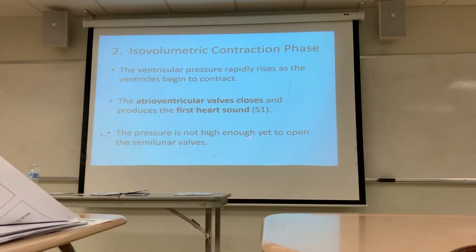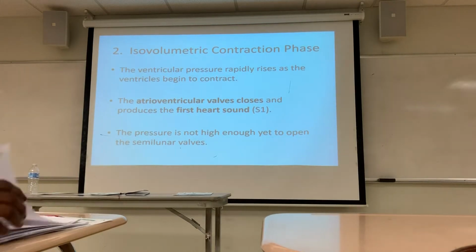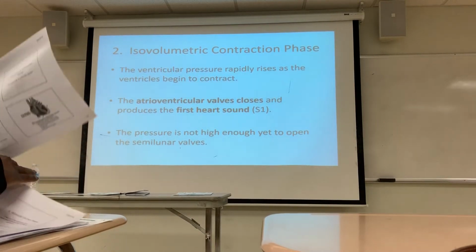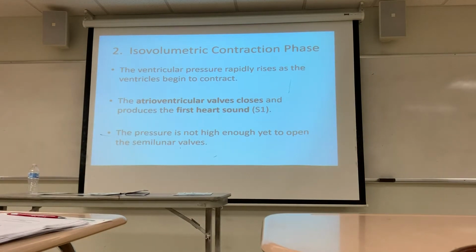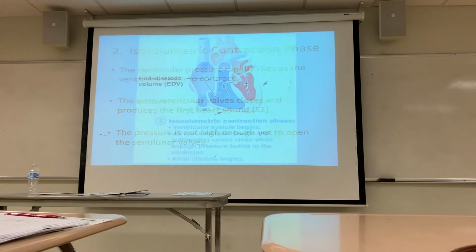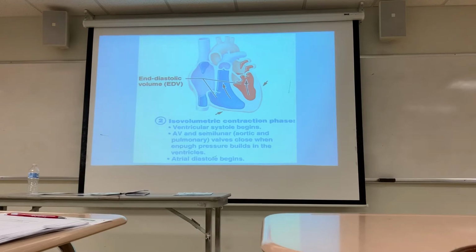So pressure is not high enough yet to open the semilunar valve. When the pressure comes in, the semilunar valve will open on the aorta side and then the pulmonary side. Okay, so that would be your isovolumetric contraction phase, or we call this EDV, or end diastolic volume, because if you look here, this is filled up, right?